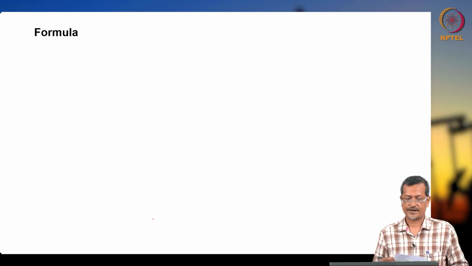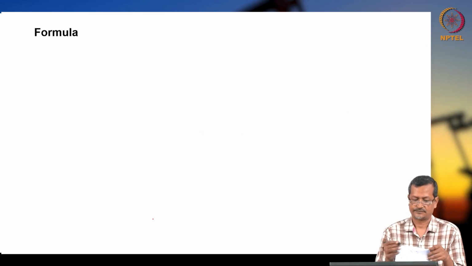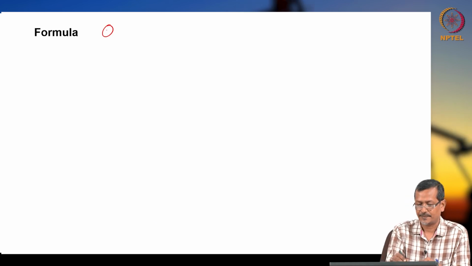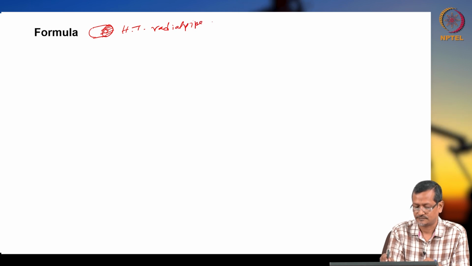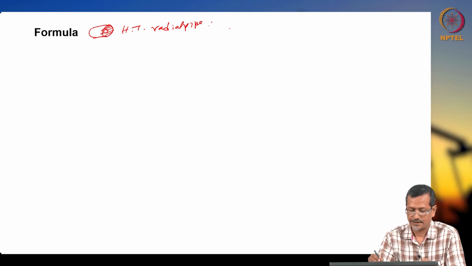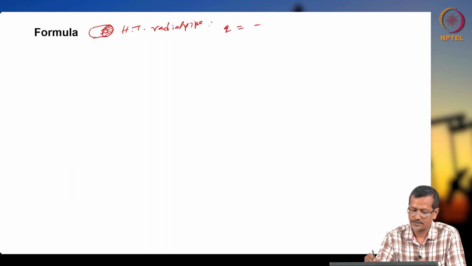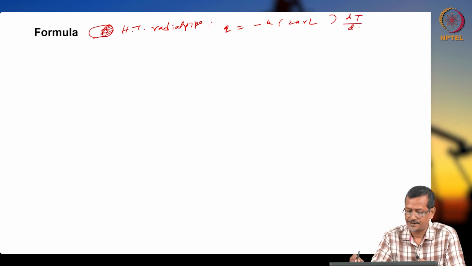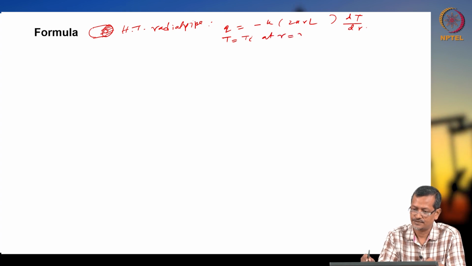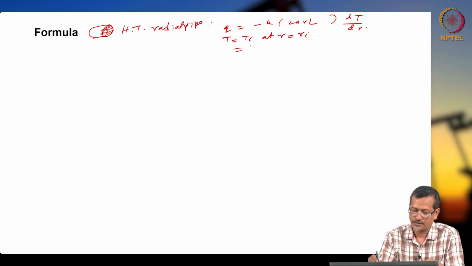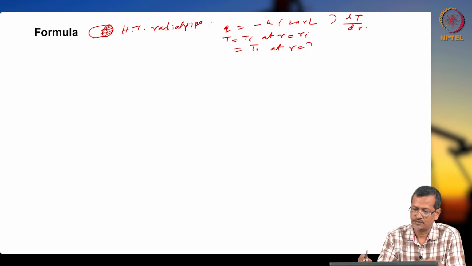So heat transfer through a radial pipe. So I have a pipe like this. Okay. So HT through radial pipe. So in that case, Q equals minus K 2 pi R L dT by dr. Okay. So T equals Ti at r equals Ri, equals To at r equals Ro.